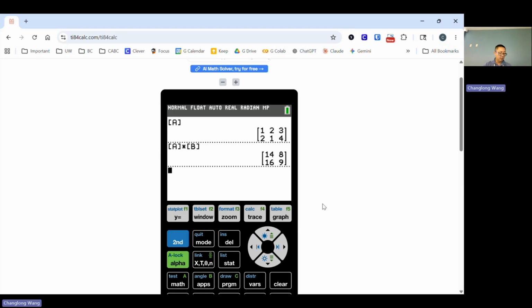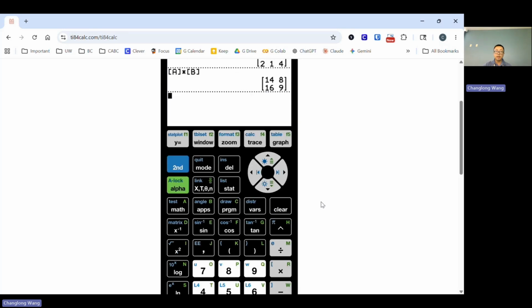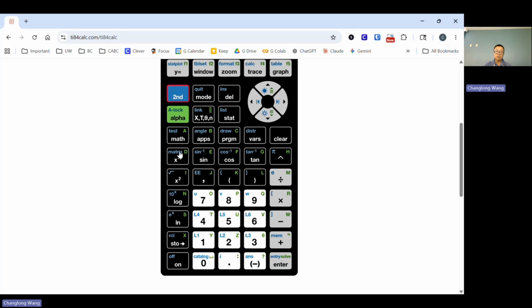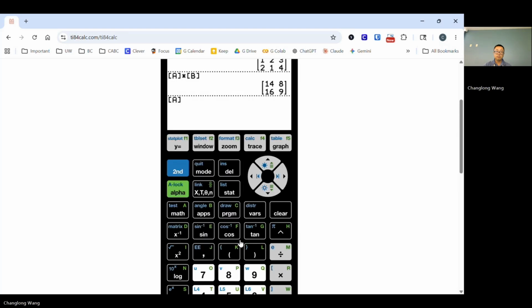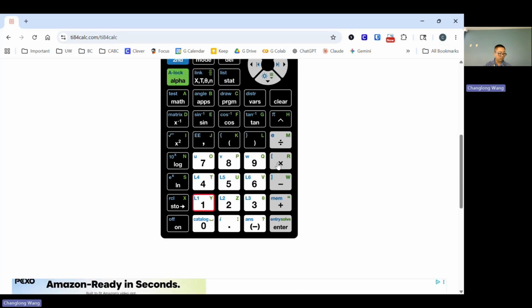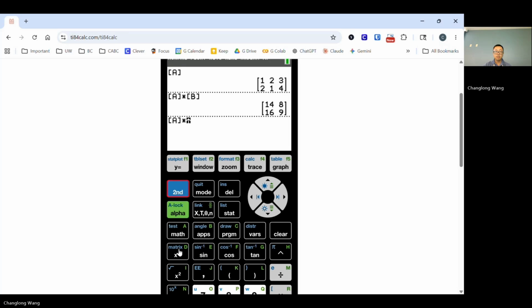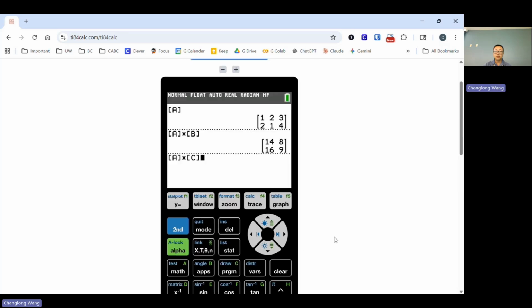Okay, now let's try the second one: A times C plus B squared. Let's call on A, times C, which I know is number 3. So second matrix 3, A times C. Don't enter at this point.